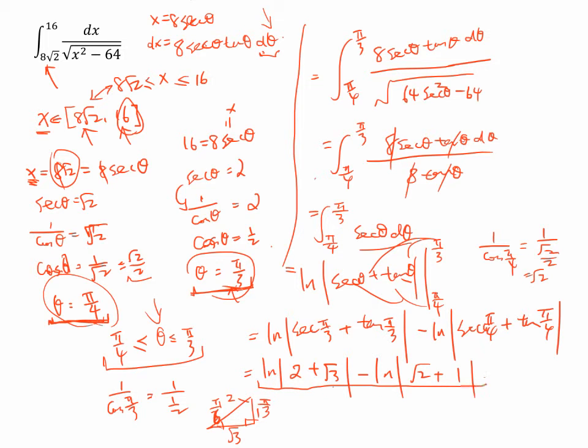Here is fine, but if I want to simplify it one more step, I can rewrite it as natural log of the quotient of 2 plus square root 3 divided by square root 2 plus 1. Because here is a negative value, a negative sign. So this is my answer.